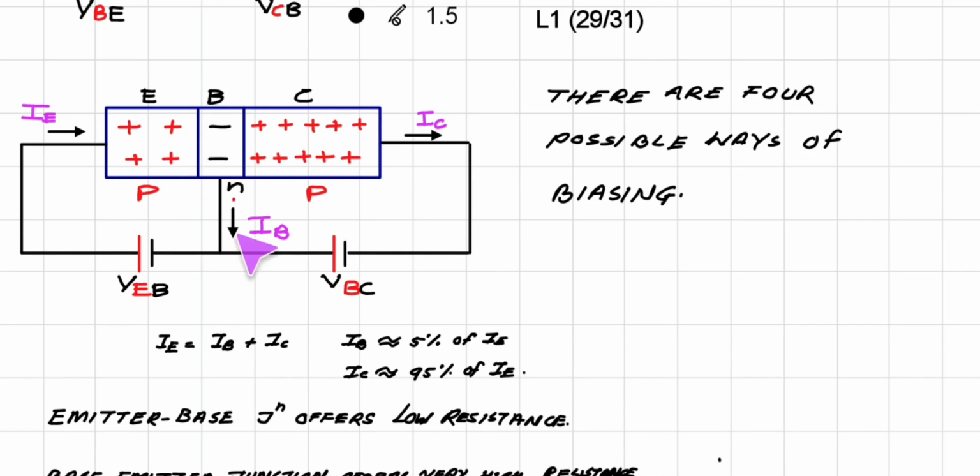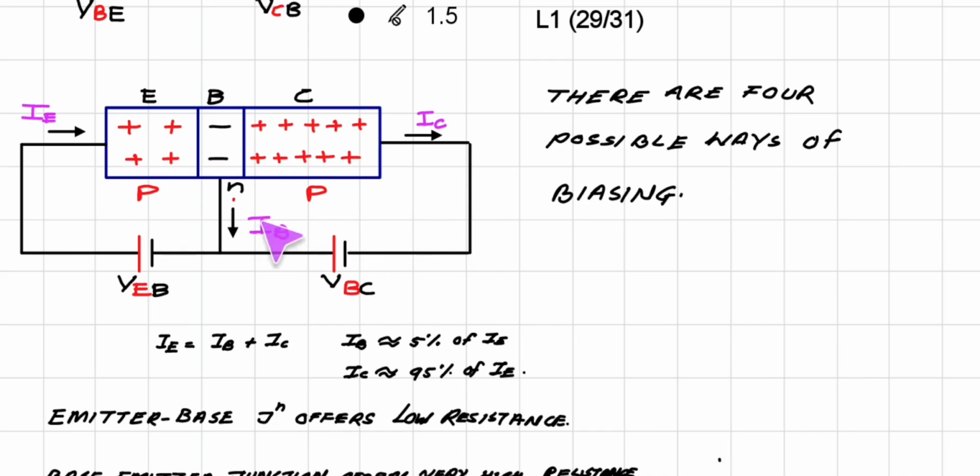From the figure we see that this is the emitter current entering the emitter, and some part is leaving as IB and some part as IC. We already saw that IE is equal to IB plus IC. But as the base is very lightly doped, a very small portion, about 5% of IE, passes through IB and almost 95% or more passes through the collector current.